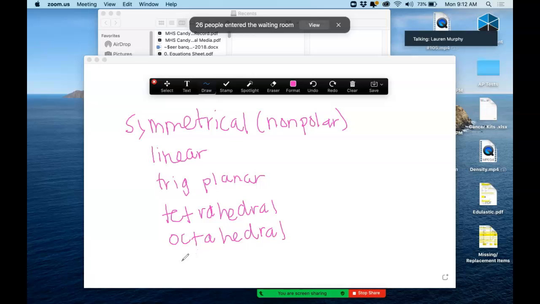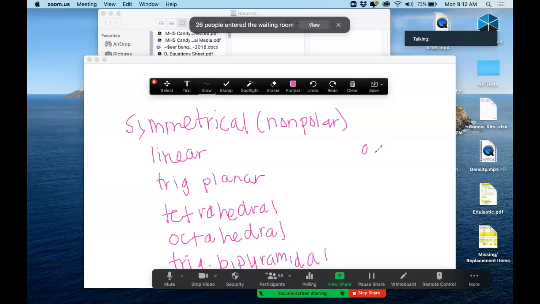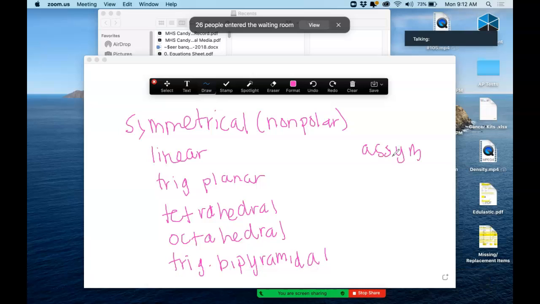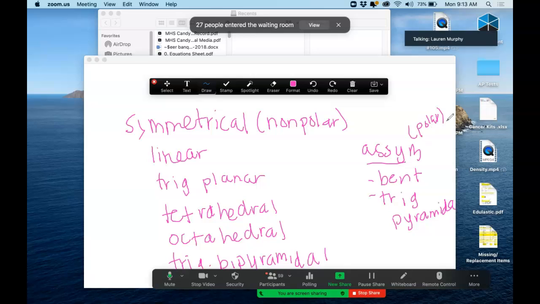Sorry, I know you need to leave. So octahedral, and then trigonal bipyramidal. Asymmetrical shapes are bent and trigonal pyramidal. Polar. Okay, so your homework tonight is going to be based on that.